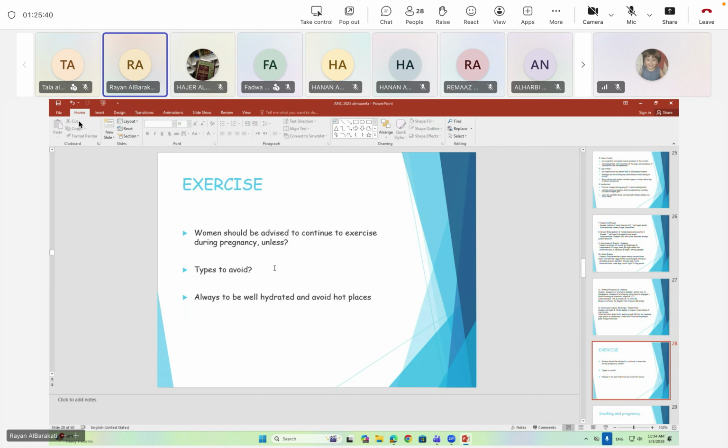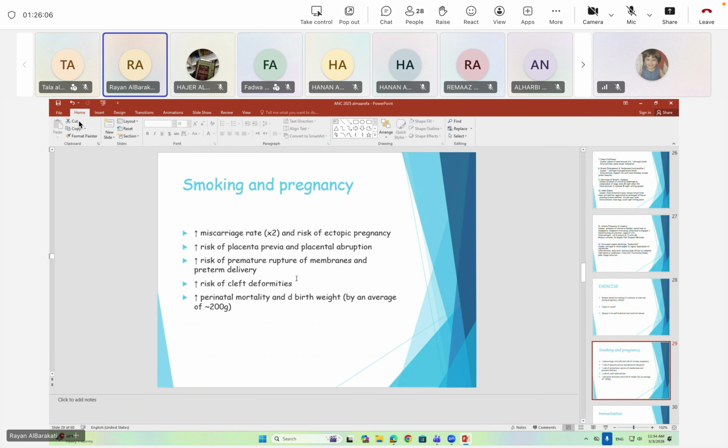So it should be on the back if they're going to lay down or standing. Also, any exercise that need balancing or one leg balance, standing on one leg, this should be avoided. Patient should be always advised to ensure well hydration and avoid hot places like sauna.